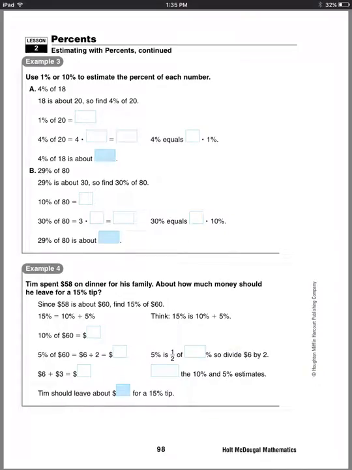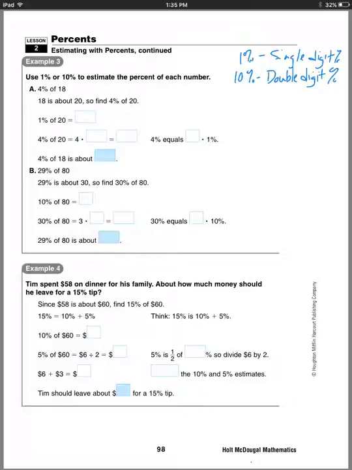So 4% of 18. We are using either 1% or 10% to estimate the percent of each number. We use 1% for single digit percents. And we use 10% for double digit percents.